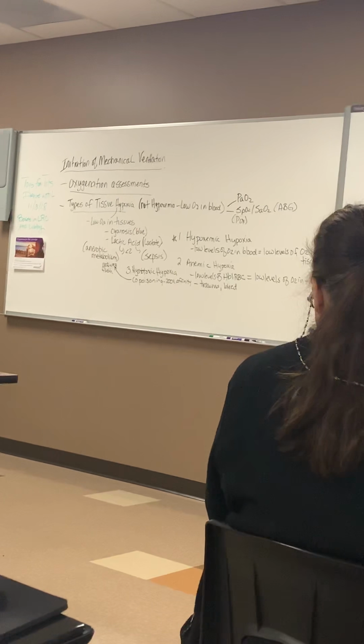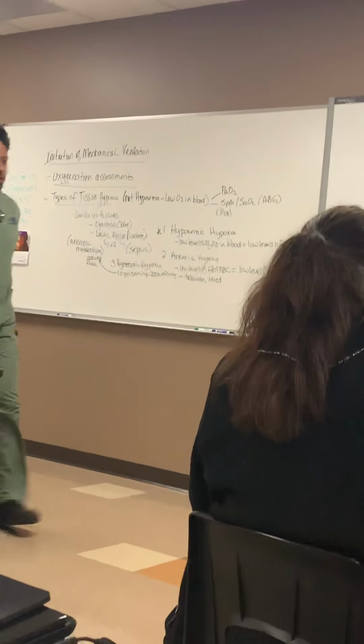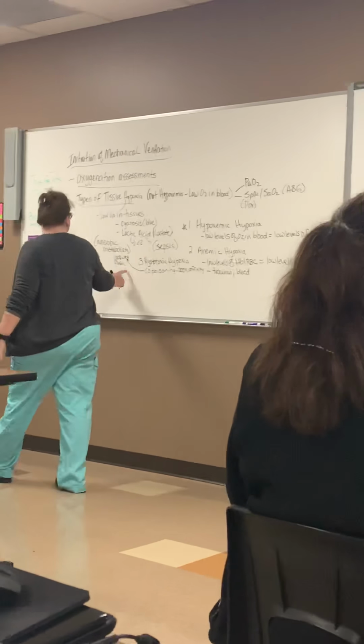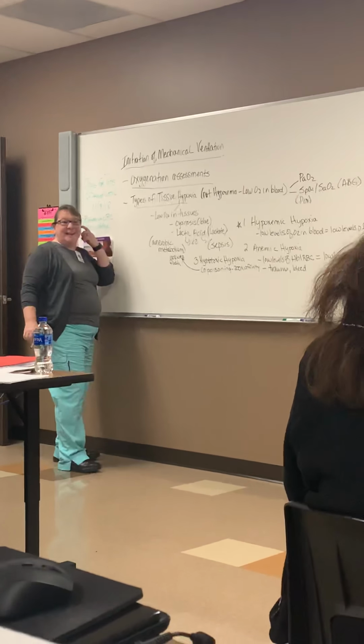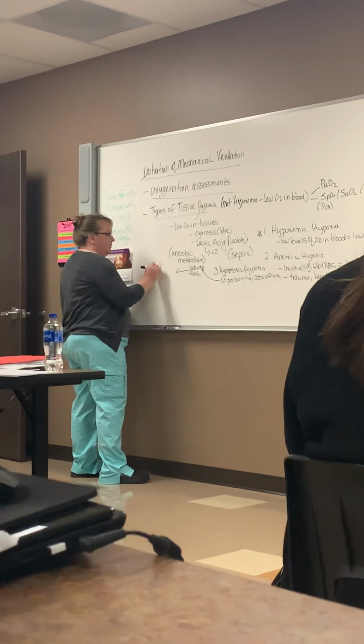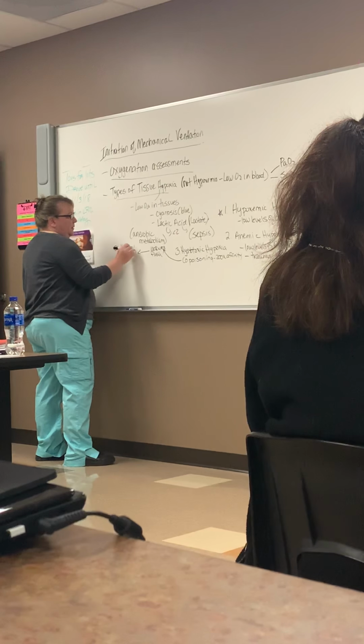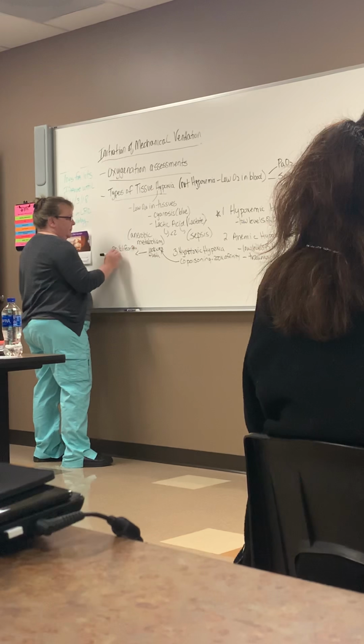Okay, so the carbon monoxide has a half-life of 4 to 5 hours, but when you flush your patient with 100% oxygen, it brings down the half-life to just 1 hour.